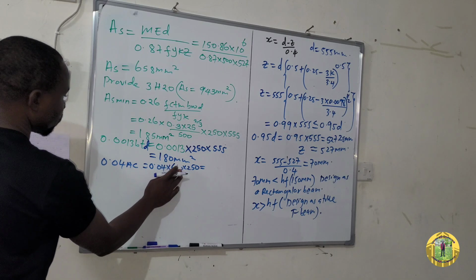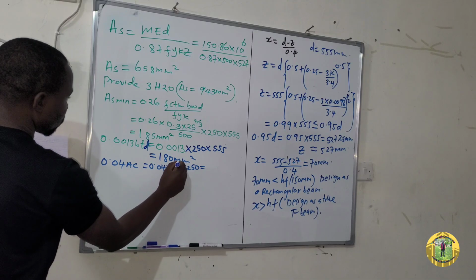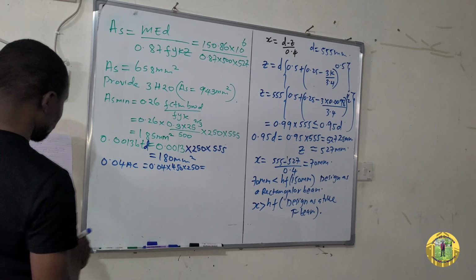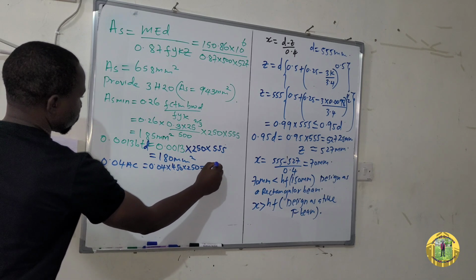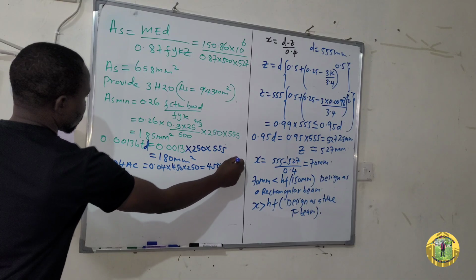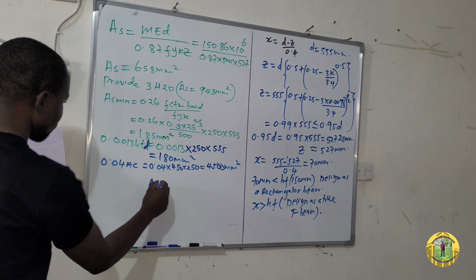No, the section is 450, not 600. This is 450 times 250. So this one is equal to 45,100 millimeter square.